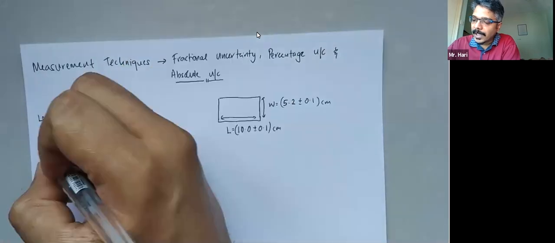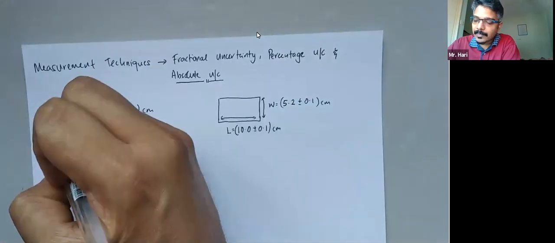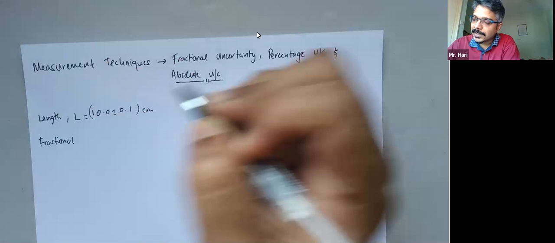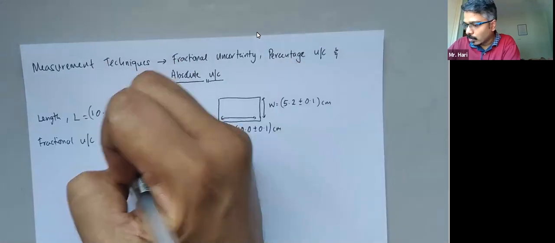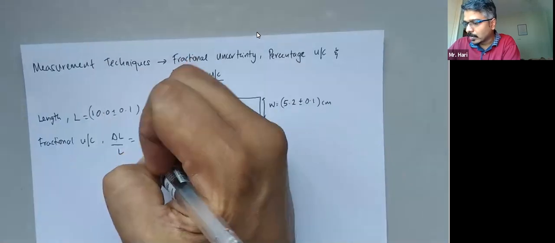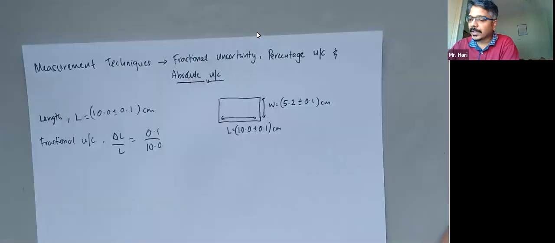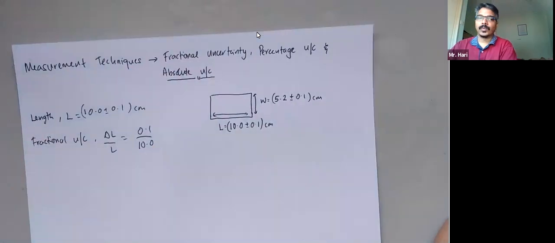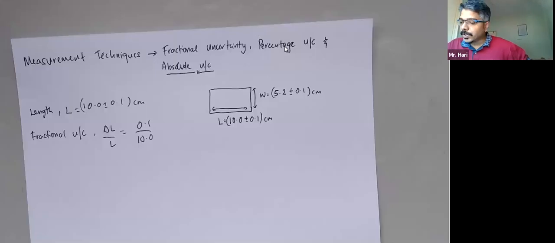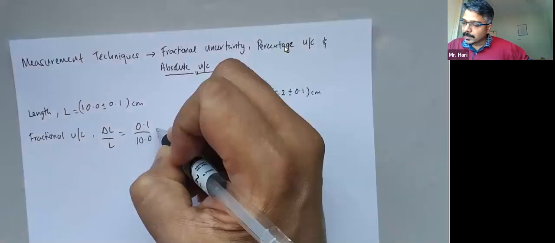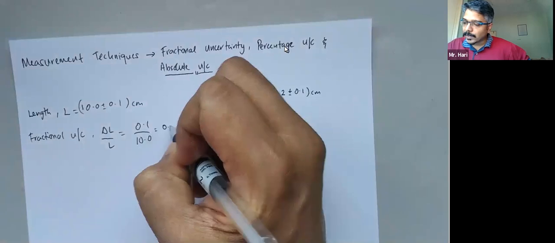So the fractional uncertainty, delta L over L, is 0.1 over 10.0, which in this case will give us 0.01.